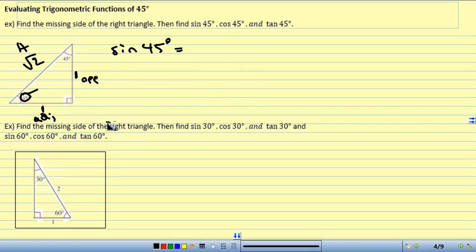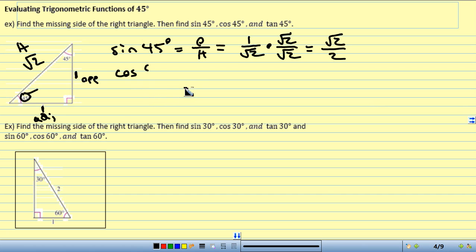Sine of 45 degrees is opposite over hypotenuse, which is 1 over square root 2. Can't have a square root on the bottom, so you multiply by root 2 over root 2, just multiplying by 1, really. So you get square root of 2 over 2.